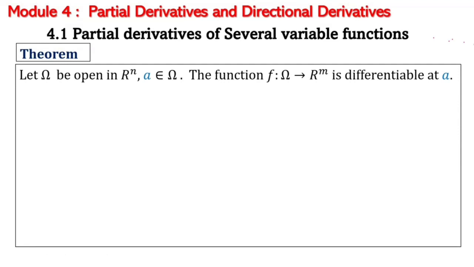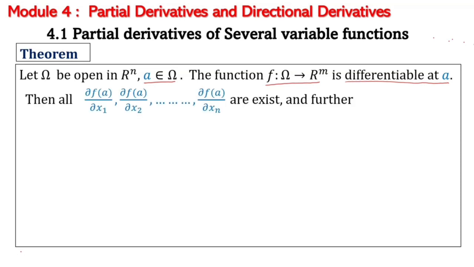Let omega be open in Rn and a is a point in the omega, and we have a function f from omega to Rm, and we assume that this is a differentiable function at a. Then all the partial derivatives of f at the point a exist.